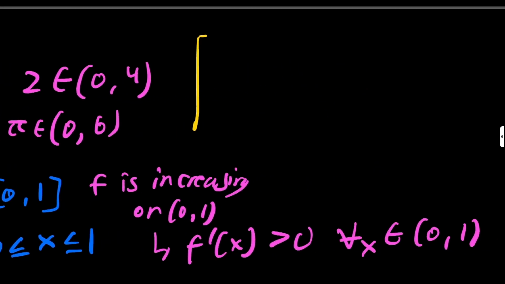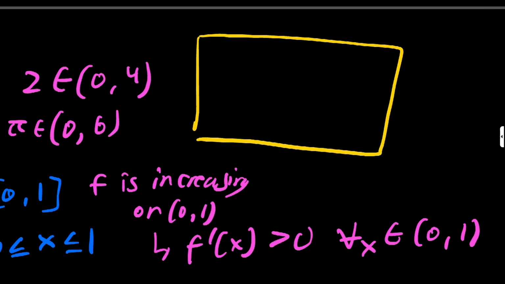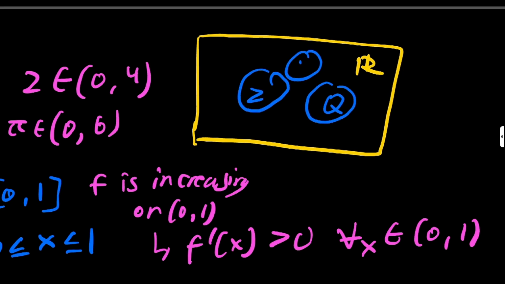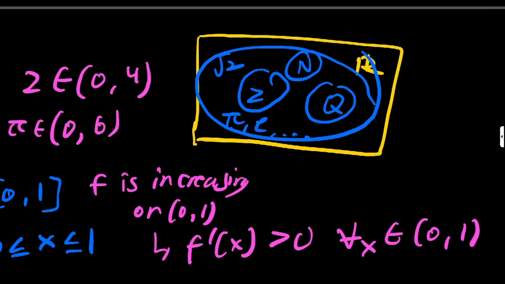A way to think about it is if you have the big overarching space of real numbers, whatever else is in this box, like the integers, the rationals, the natural numbers, pi, e, root 2, these are all subsets. All the blue things, they're part of the bigger whole. That's what this is saying.